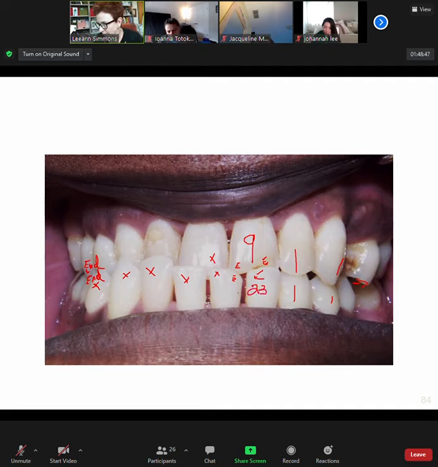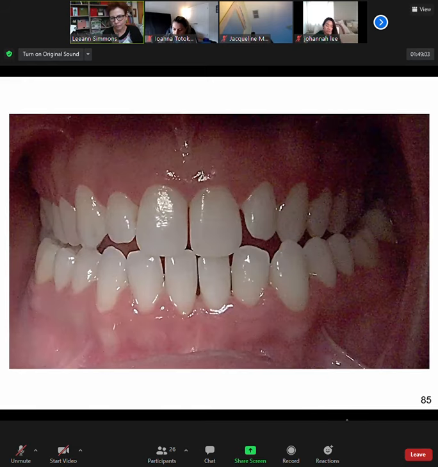Yep. You should be able to do that. Okay. What is the malocclusion of 8 with 25? It's a crossbite.